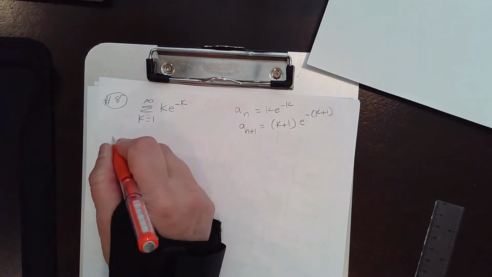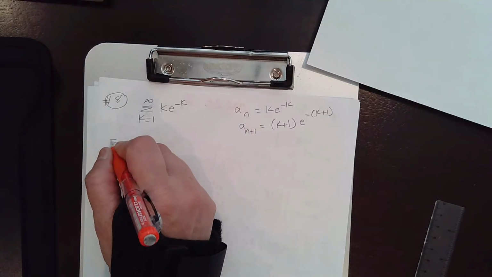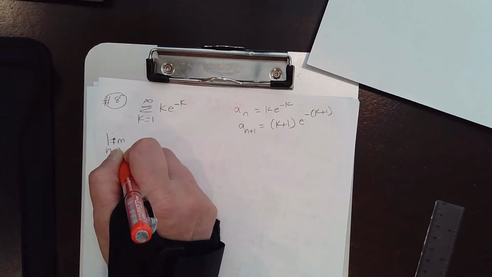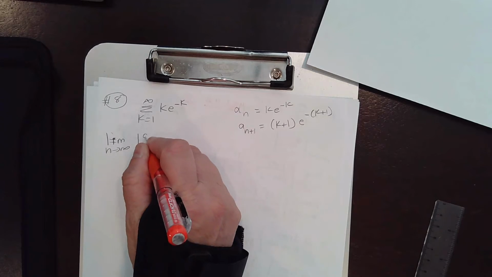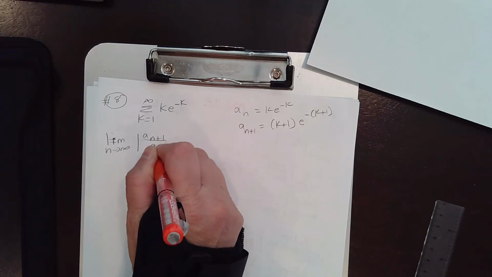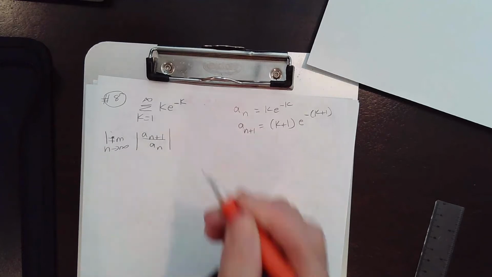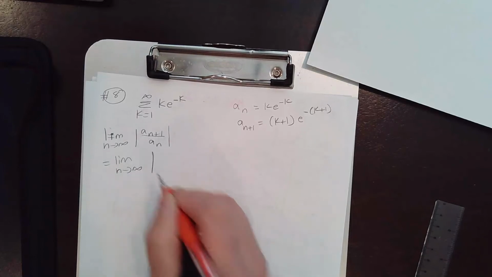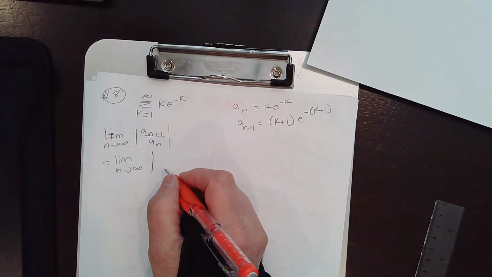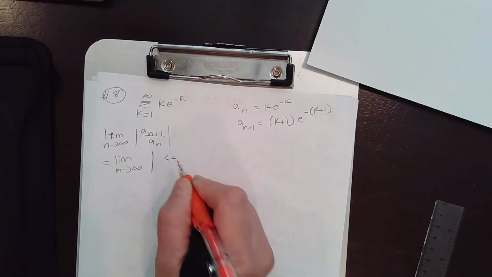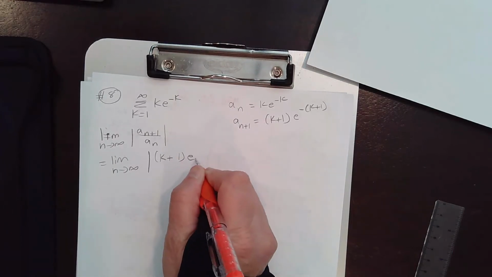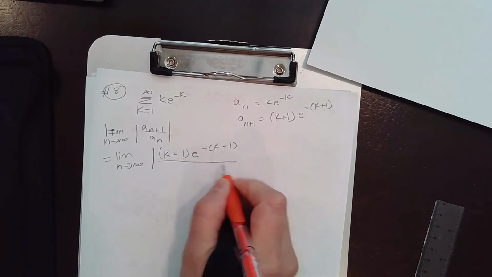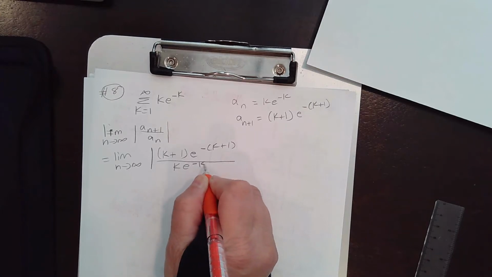So that is the same as, well, let me write it down first. The limit as n approaches infinity of a n plus 1 over a n is equal to the limit as n approaches infinity of a n plus 1, which is k plus 1 times e to the negative (k plus 1), divided by a n, which is k e to the negative k.